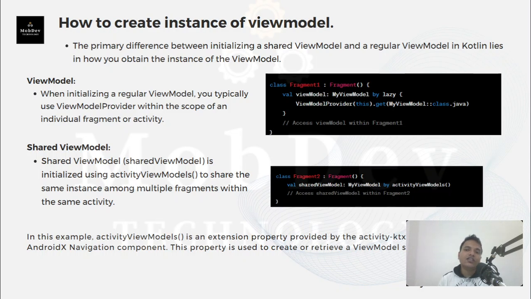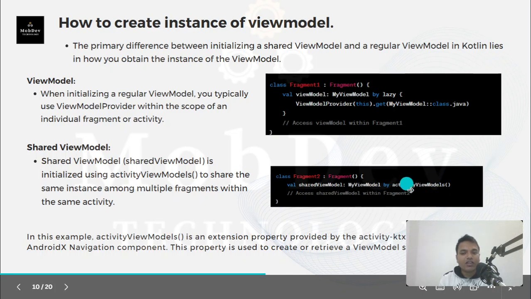And yes, for generating the instance of a shared ViewModel, here you can see the example was created by the delegate and the activityViewModels function. So what's activityViewModels here? Basically it's an extension function from the Android KTX library; when you use a ViewModel you must use some dependency, and that is one of the dependencies, Android KTX. So activityViewModels is a function of that.